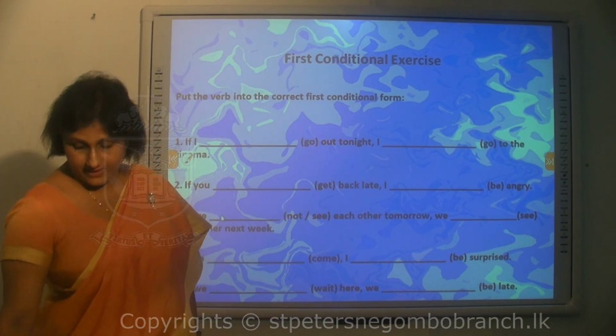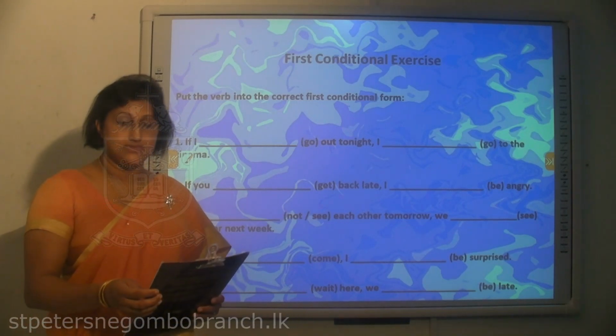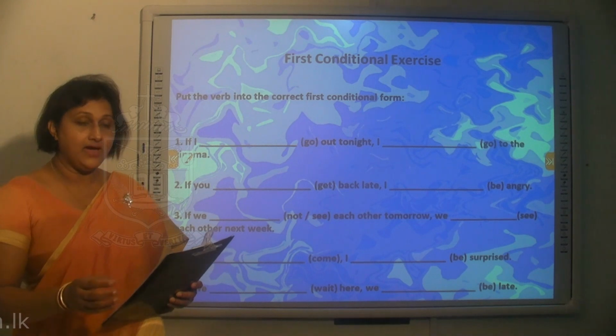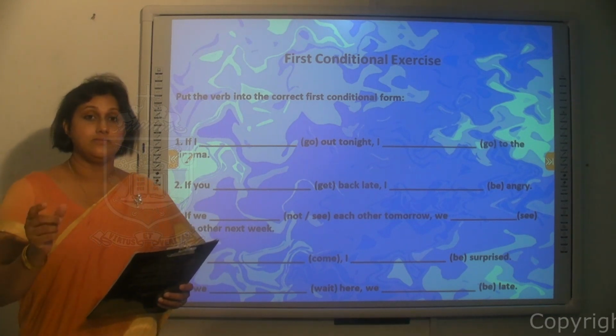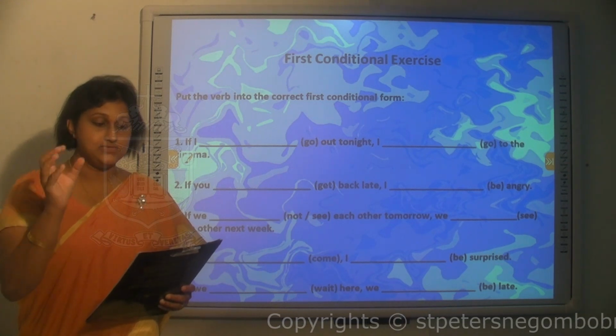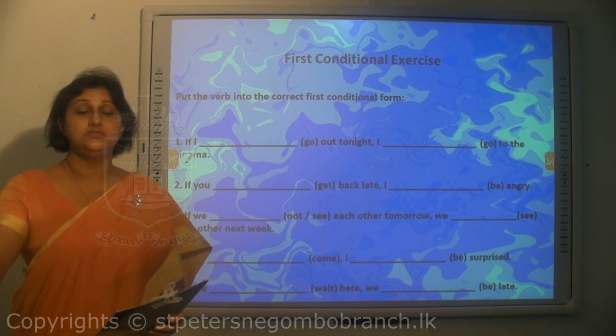The first one: if I blank out tonight, I blank to the cinema. If I go out tonight, I will go to the cinema.